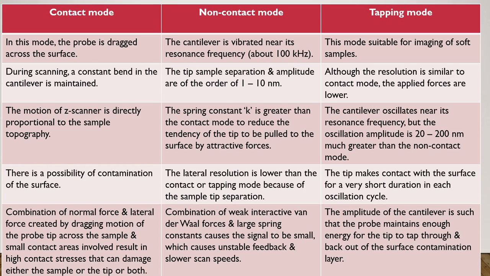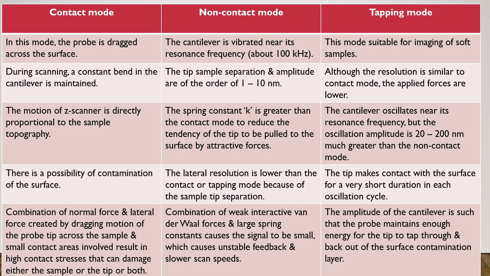And last is tapping mode. This mode is suitable for imaging of soft samples. Although the resolution is similar to contact mode, the applied forces are lower. The cantilever oscillates near its resonance frequency, but the oscillation amplitude is 20 to 200 nanometers, much greater than in non-contact mode.